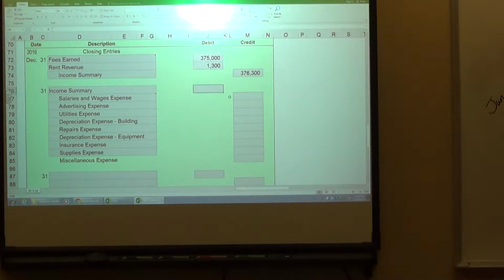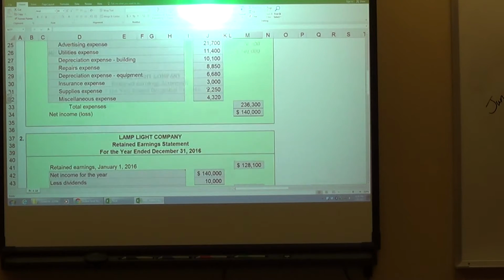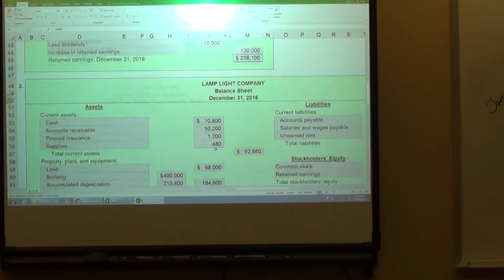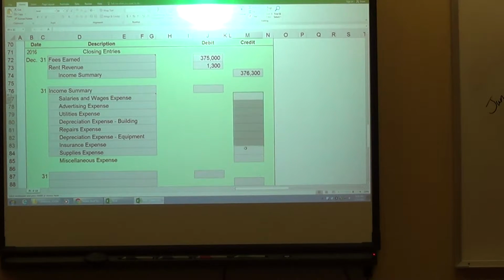So my income summary, let me just put the numbers in here real fast. Actually, I might just copy them up here, save some time. If you take the difference between these two, that's my net income, right?